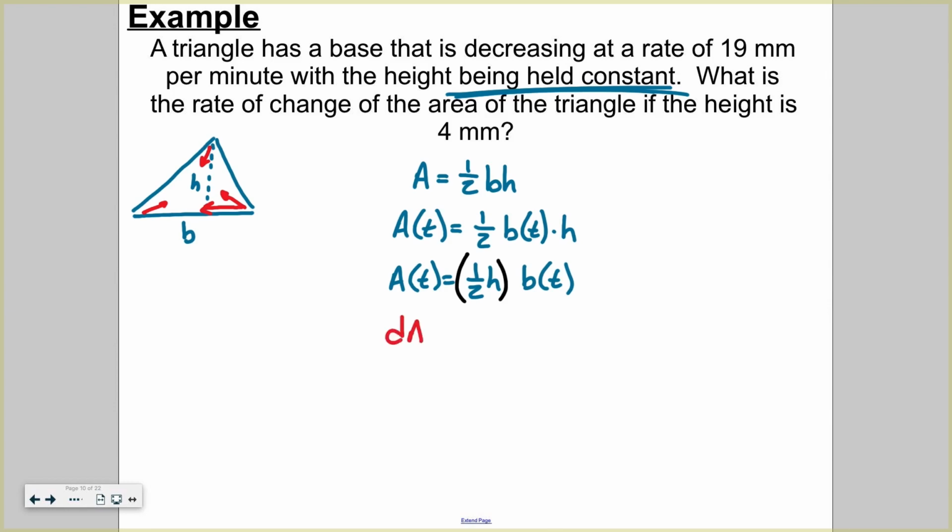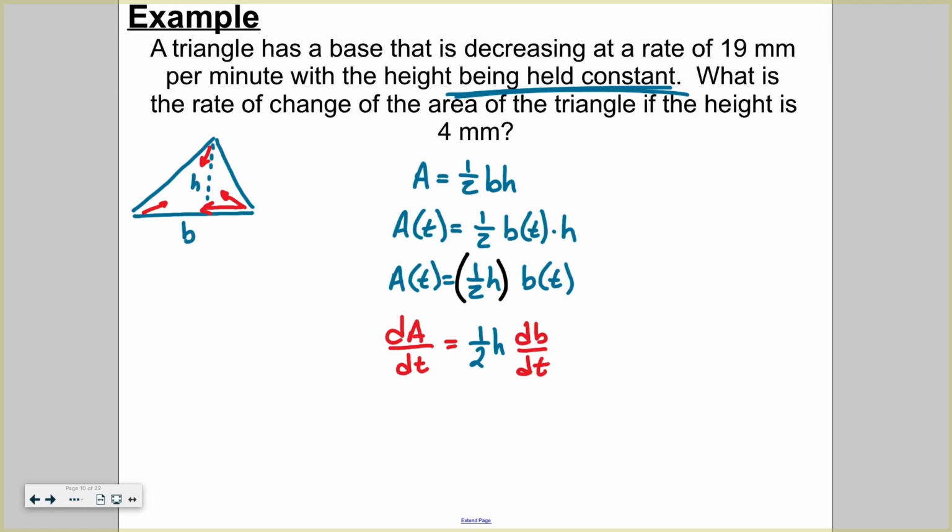So it's going to be dA/dt equals, and now when we take the derivative of a function with a coefficient, in the past we've said that we can just ignore the coefficient and rewrite it, because with the product rule, it would cancel out because it's going to be multiplied by 0. Then that's going to be times the derivative of b of t, which is db/dt.